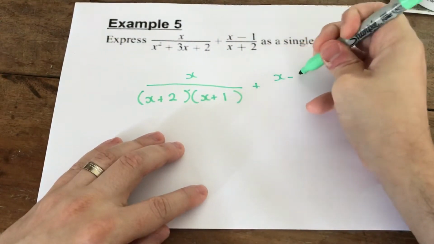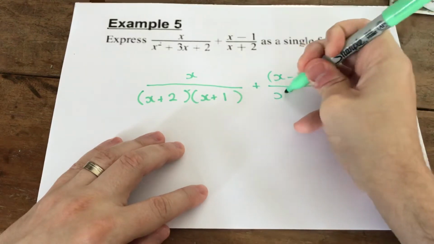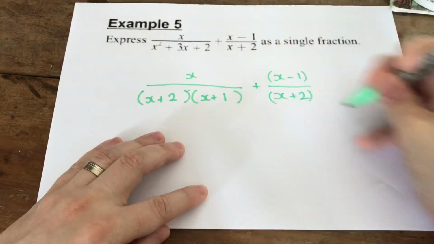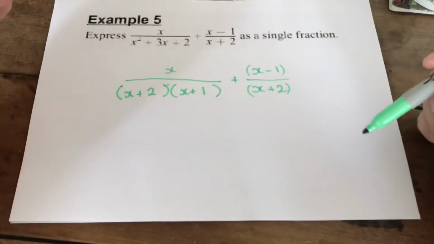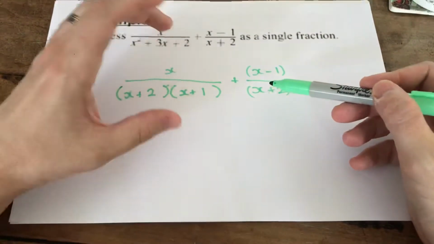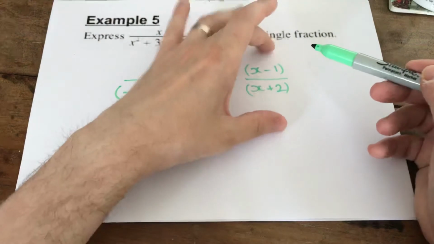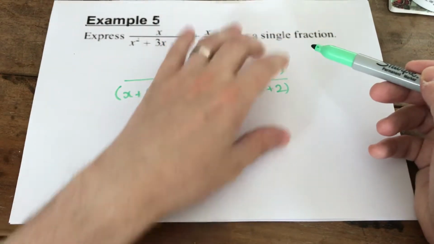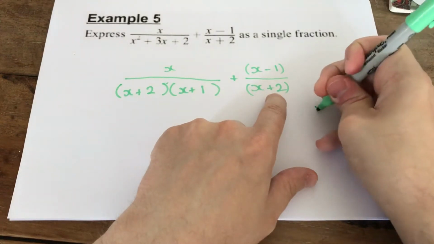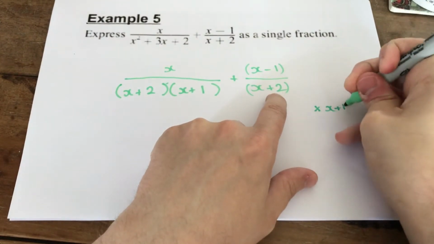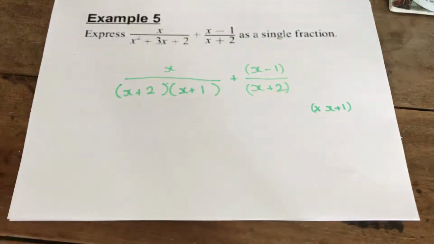Now on this other side here we have x plus 2, and we don't need to write these in brackets. Now we don't have to do anything to this fraction, but we have to figure out what we have to do to this fraction to make sure it has a common denominator. In this case we've got to times both by x plus 1.